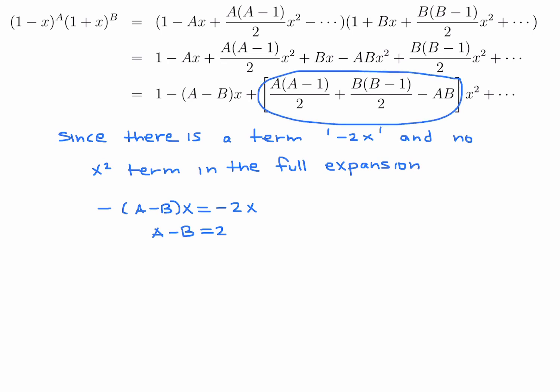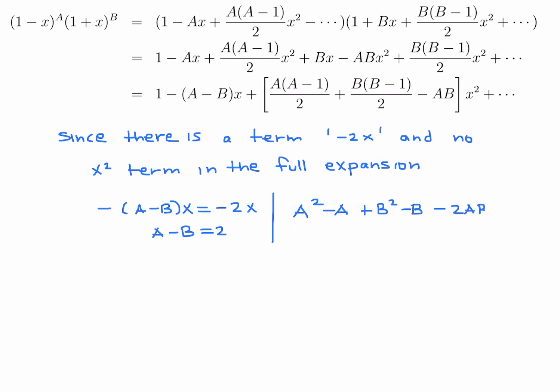And then this whole thing has got to be equal to 0 because there's no x squared term. So if you multiply it out, and I just multiply through by 2, it becomes A squared minus A plus B squared minus B minus 2AB is equal to 0. If you factor this, it becomes A minus B squared.